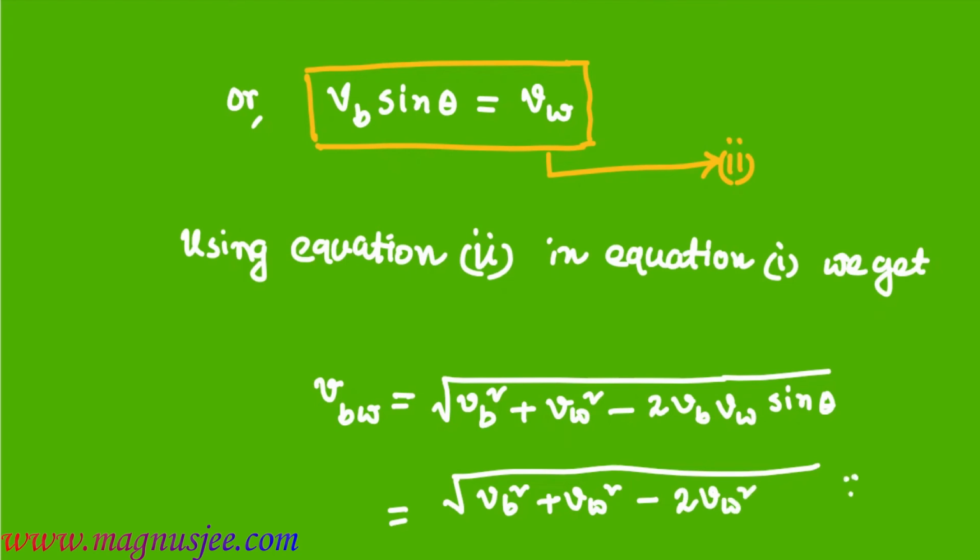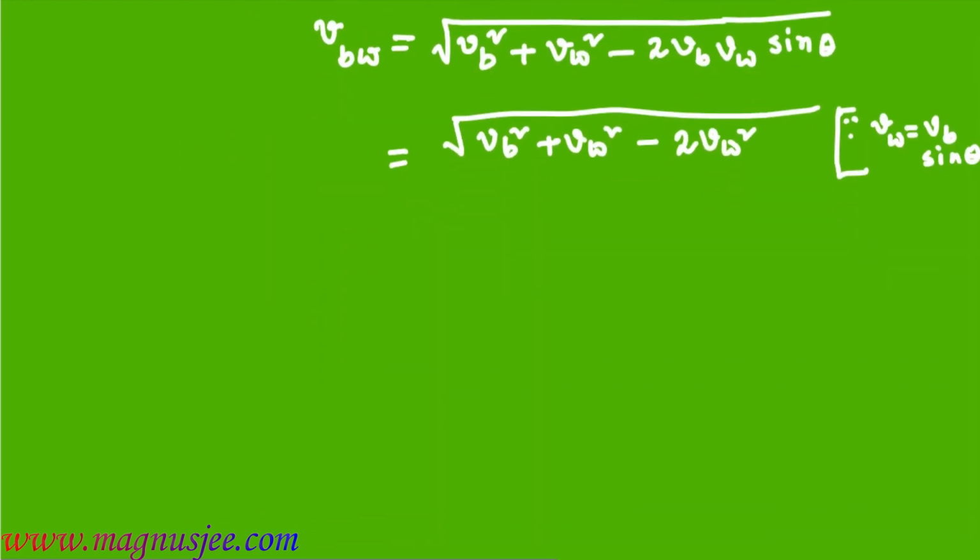Since VB sin theta equals VW, putting the expression of VB sin theta in equation 1, we get VBW equals root over VB square minus VW square.